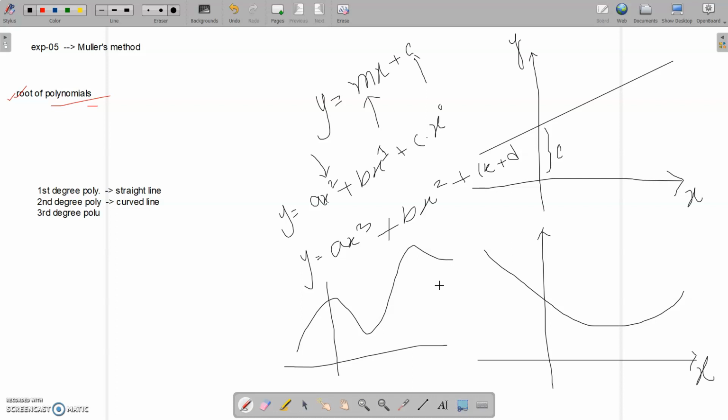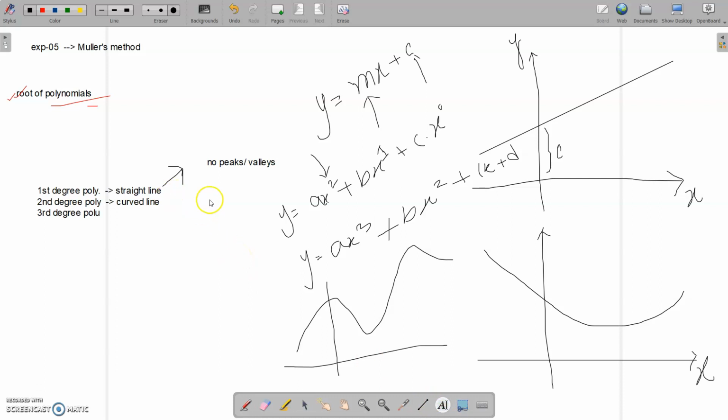So the difference is, when you have a first degree polynomial, that's a pure straight line, which means there are no peaks or valleys. So what are peaks or valleys? In a second degree polynomial you have a maximum of one peak or one valley.